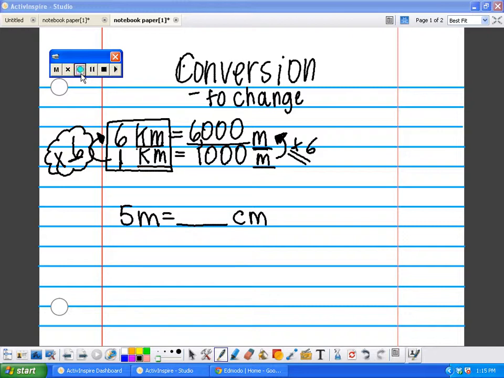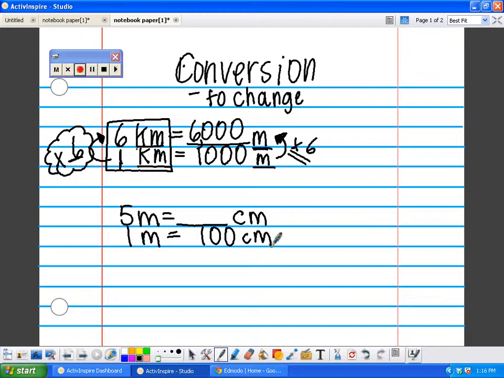What does it say, Abby? 1 meter is 100 centimeters. So I know that meters go under meters, centimeters go under centimeters. So 1 meter is equal to 100 centimeters. Write it underneath there.